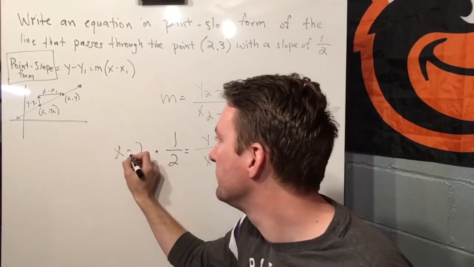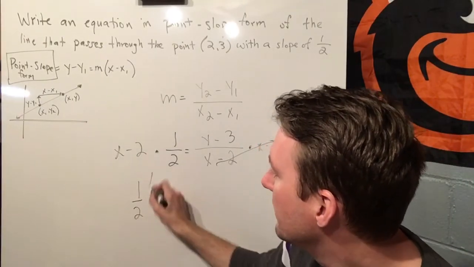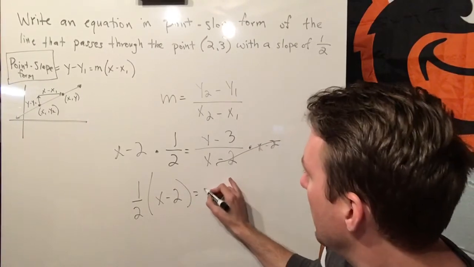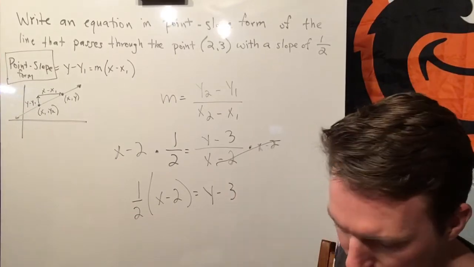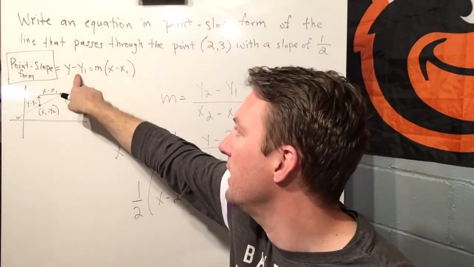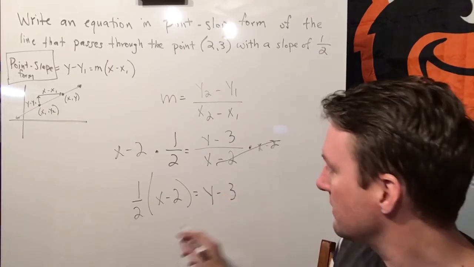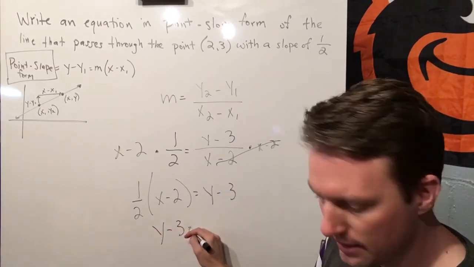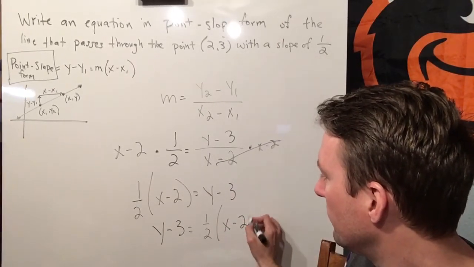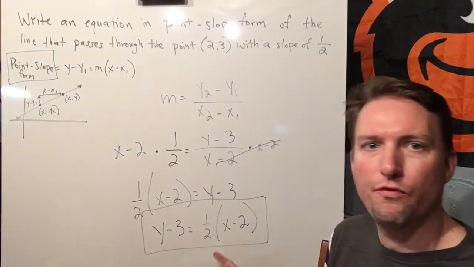And when we do that, we're left with 1/2 times x minus 2 equals y minus 3. The equation for this, and we're just going to flip it around to mirror this, the equation in point slope form is this: y minus 3 equals 1/2 times x minus 2. This is your equation in point slope form.